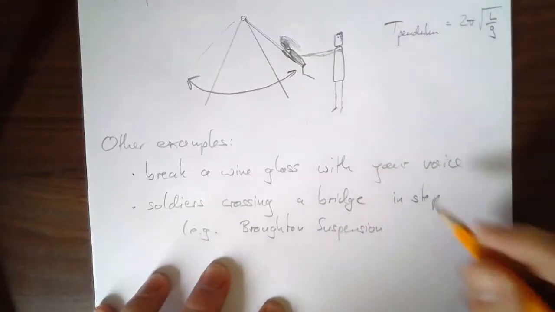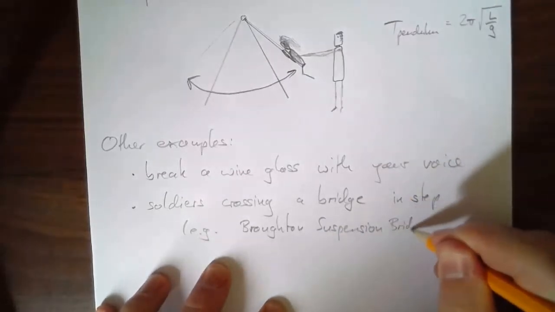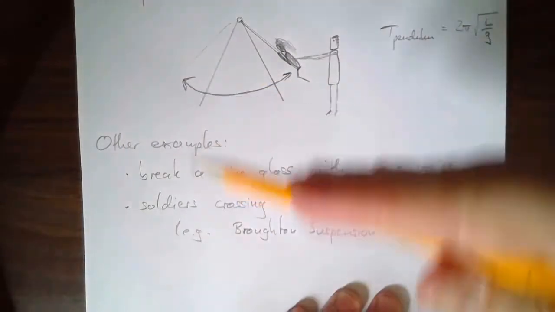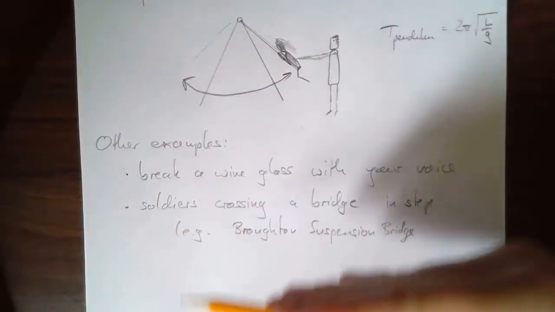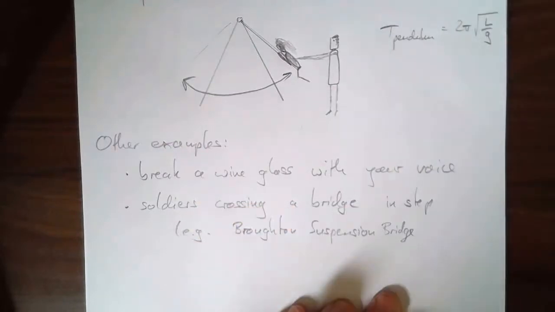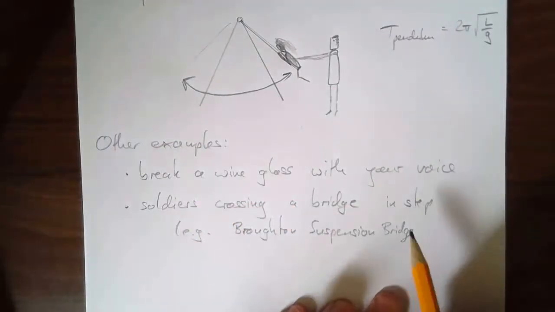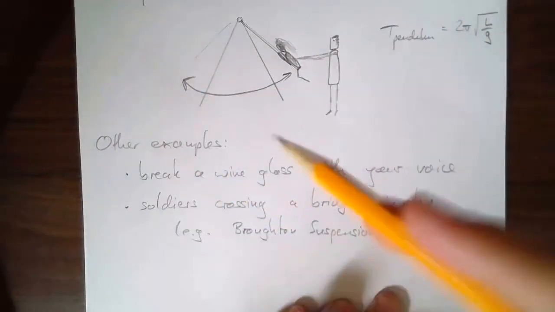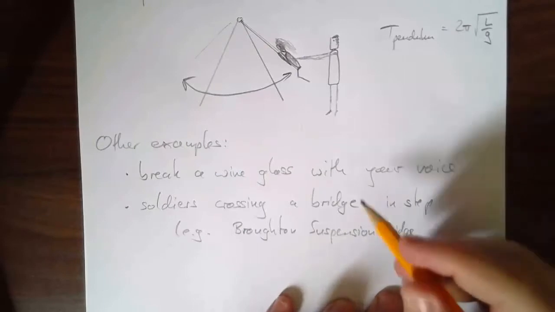This is an iron bridge, and the soldiers were marching across it in step. In fact, they could feel it every time they stepped down. They did that with the same frequency at which the bridge would naturally oscillate, being an oscillator. So every time they stepped down, they added to the existing oscillation.